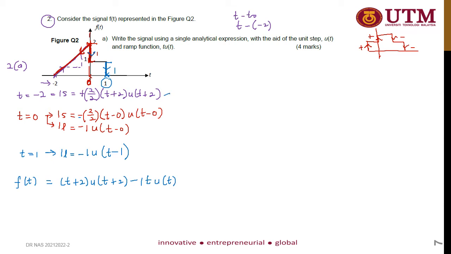So we have done this and this. Next is minus 1 u(t). You have done this as well. And finally, the final component is negative u(t minus 1). So this is your f(t).